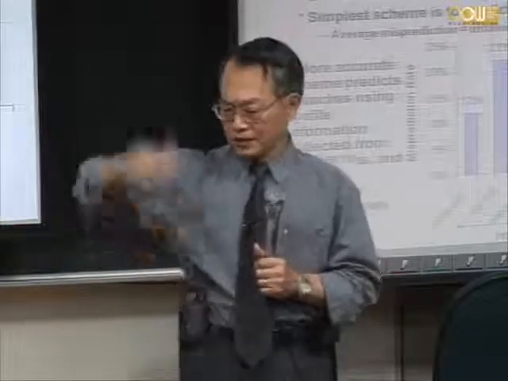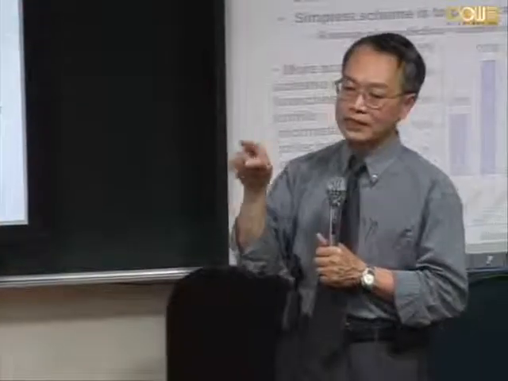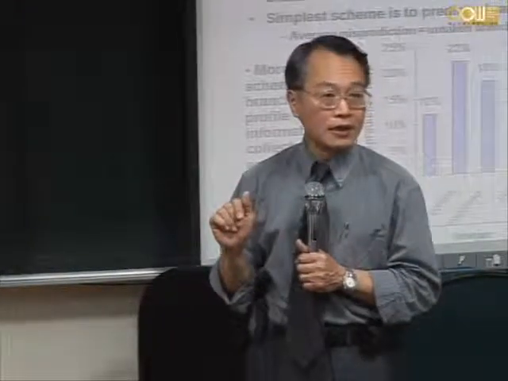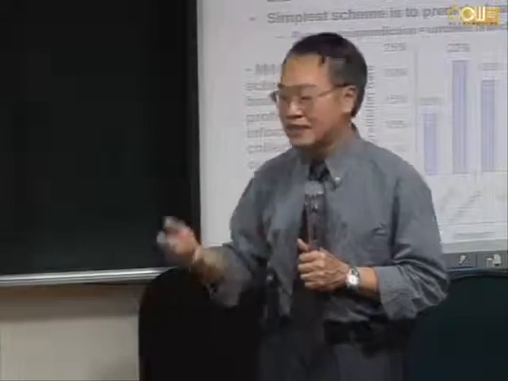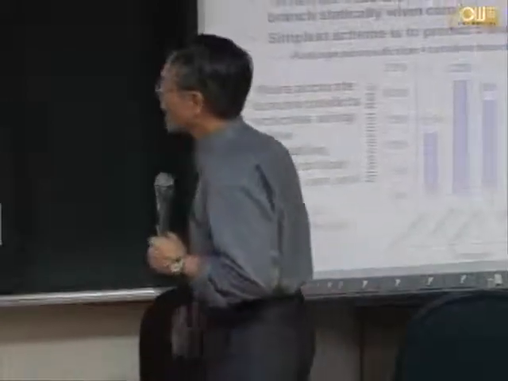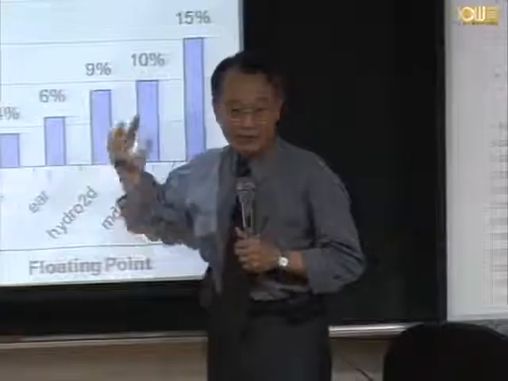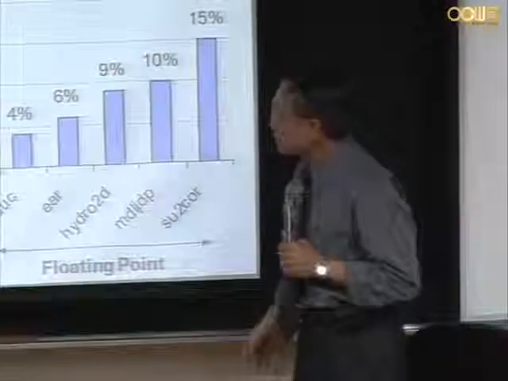So in your program, this guy always takes, this guy always does not take. How do you know? By running some sample data or examining the history of some profiled information.